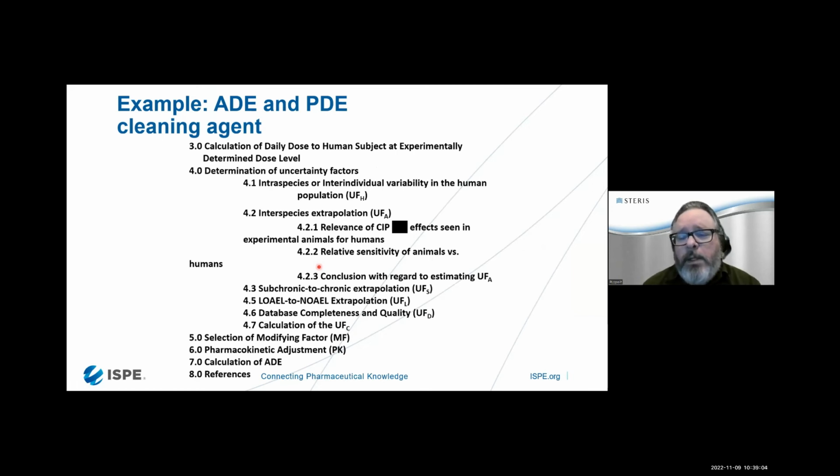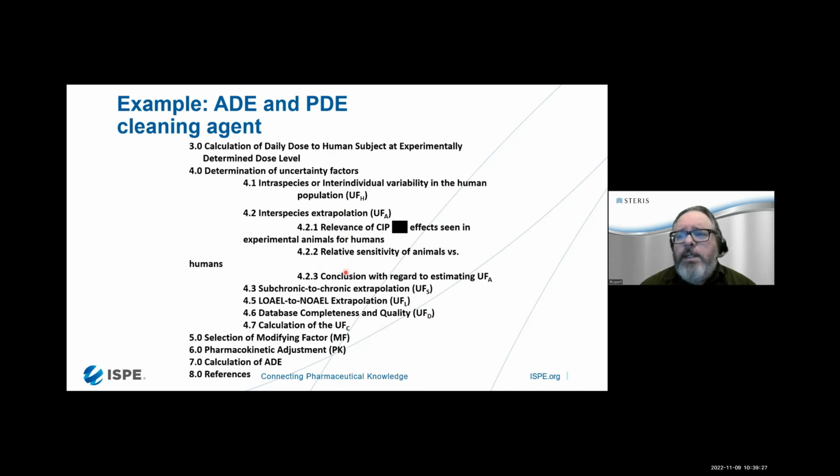And then you get into the descriptions around the uncertainty factors. Again, this is done by the toxicologist and reviewed by the subject matter experts. So why was the interspecies uncertainty factor established? What was the interspecies uncertainty factor established as?